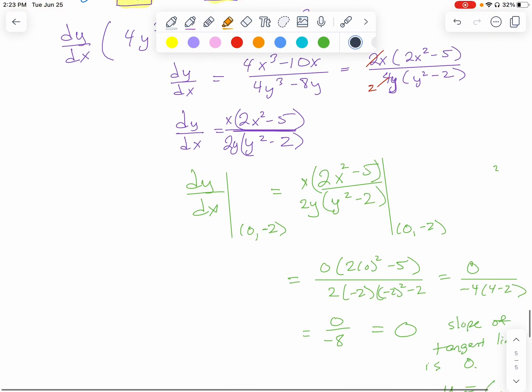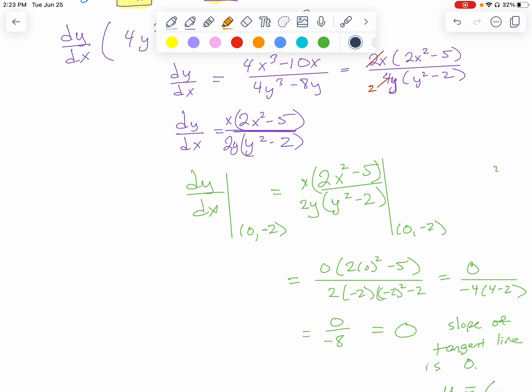And put that into point slope form. So we would get y minus negative 2 equals the slope times x minus 0. So I'd get y plus 2 equals 0, and then solving for y, I get y equals negative 2.